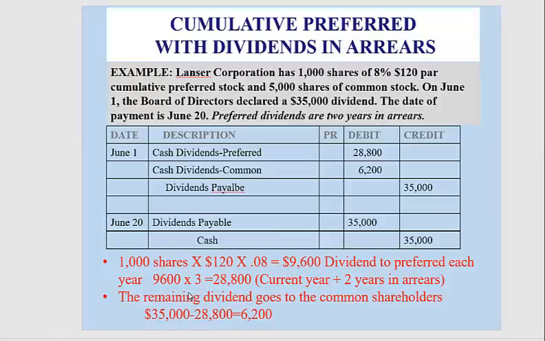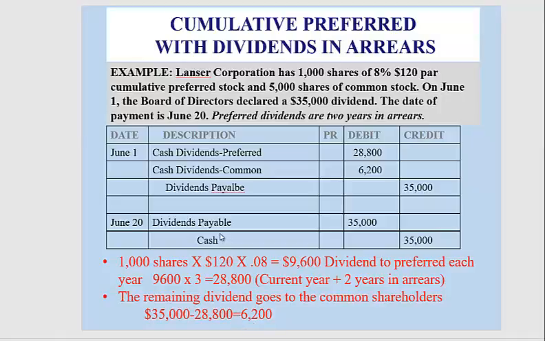So that's 3 years worth of dividends we owe to preferred. So that totals out to be $28,800. So the remaining dividend, there's $35,000. If we back out what's owed to preferred, then the common shareholders will get the remainder, which is $6,200.